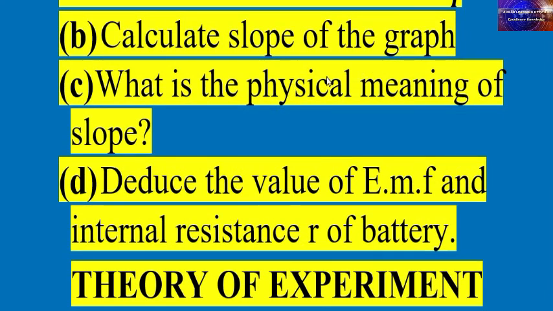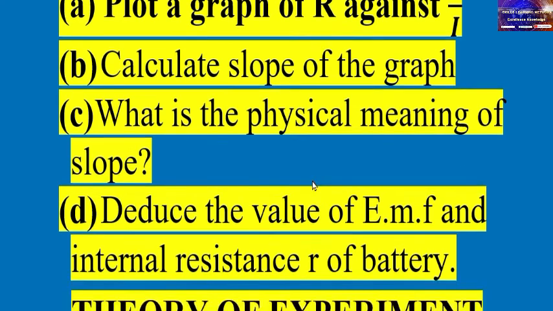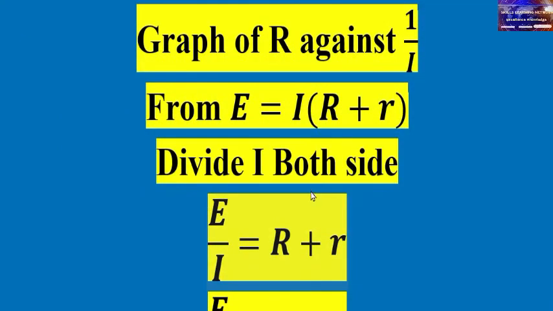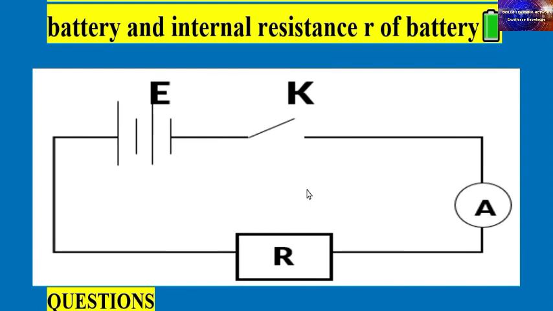The graph is cutting through the negative y-intercept. I think that is the theory of the experiment for the second experiment, and the circuit is this one. I think you have understood.